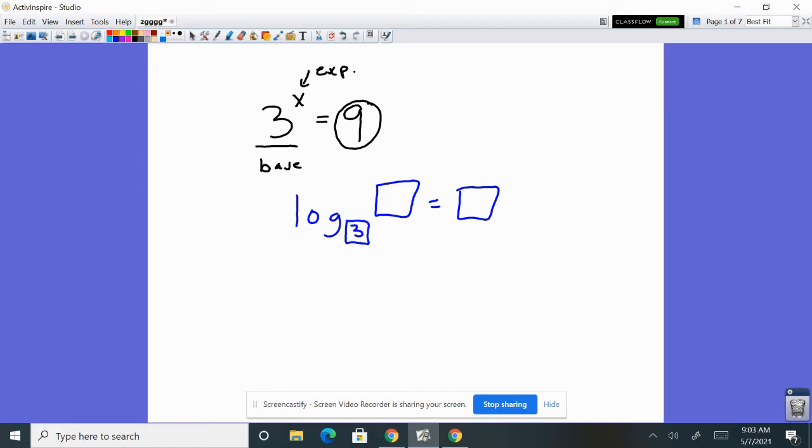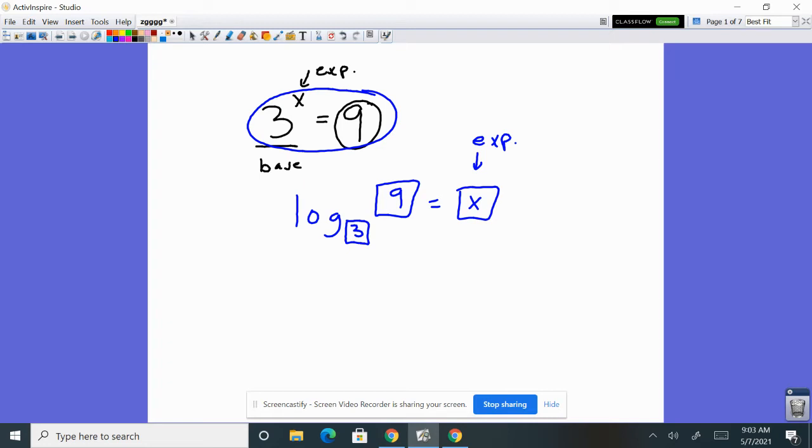And this is going to be read log of 9 base 3 equals. This answer to a log is always the exponent value, remember, which in this case would simply be x. So this equation rewritten in log form is the log of 9 base 3 equals the unknown x, which is always your exponent.